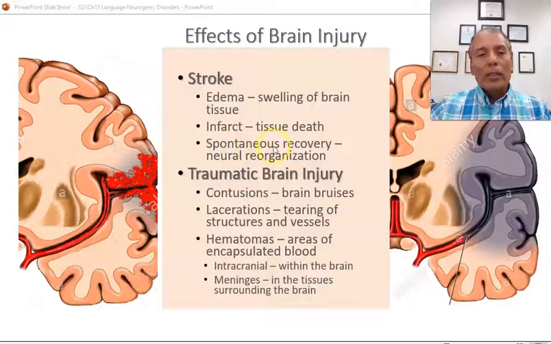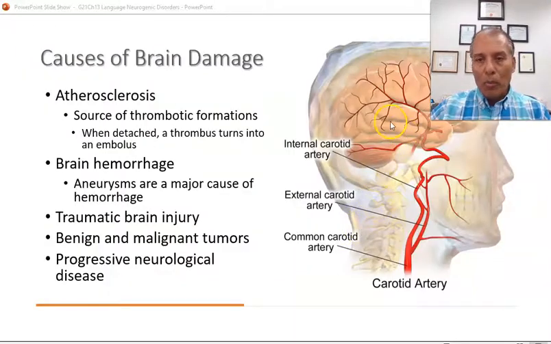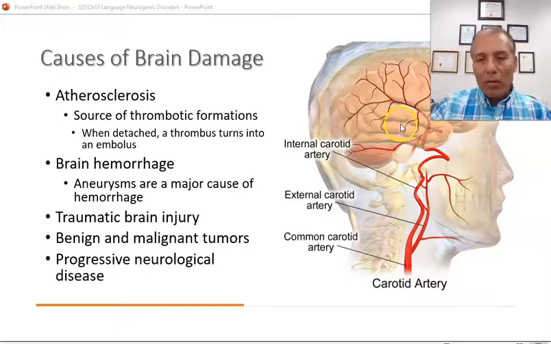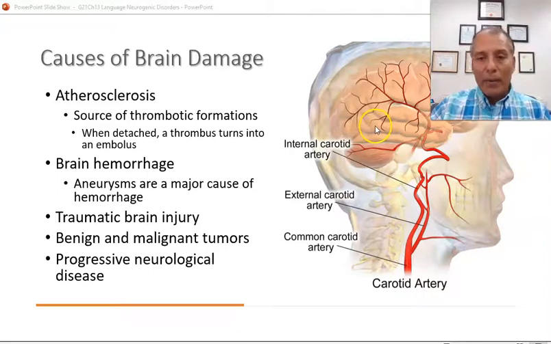And then, in terms of spontaneous recovery after stroke, what happens is that in the areas of the temporal lobe, deep inside of it, there's one area in the basal ganglia, and there's another area in the hippocampus, which has to do with memory. Both of them have to do with memory and learning and motivation and so on.